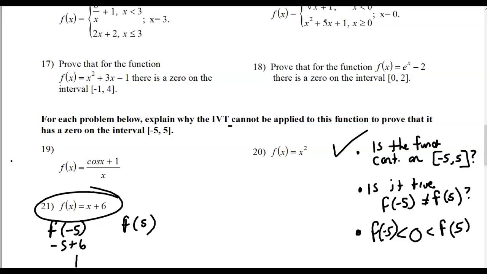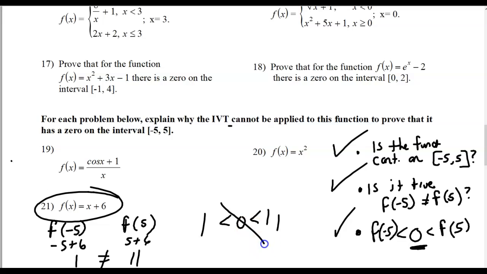And f of 5 is going to be 5 plus 6, which is 11. So those are not equal, which is good. So far we're doing good. The last thing we want to check is, is 0 in between those two values? So is it true that 0 lies in between 1 and 11? And the answer is no, that's not true.